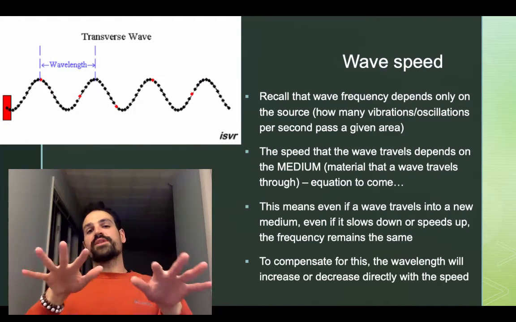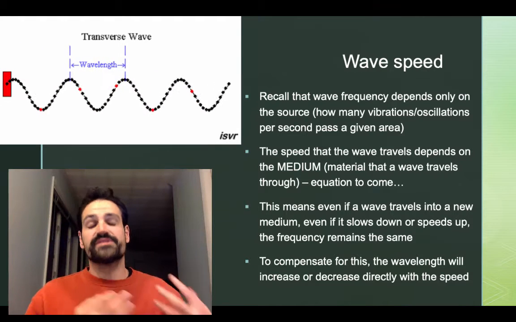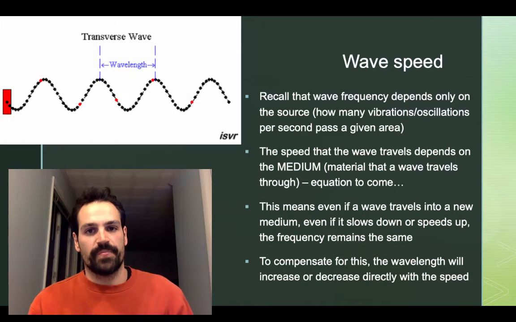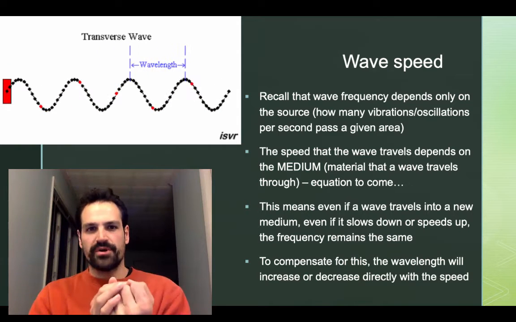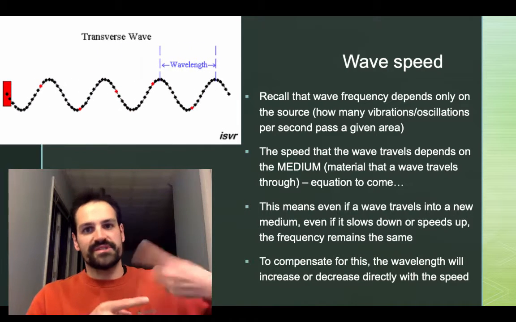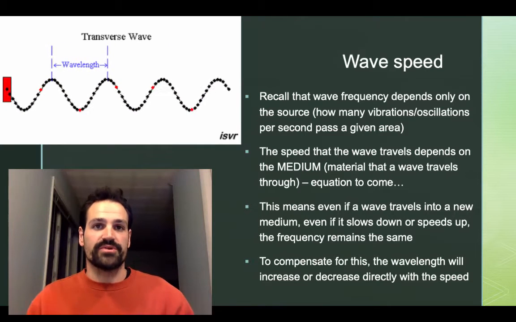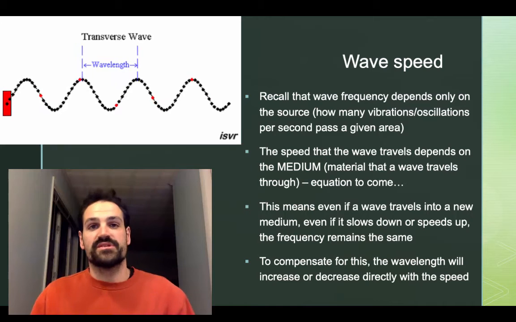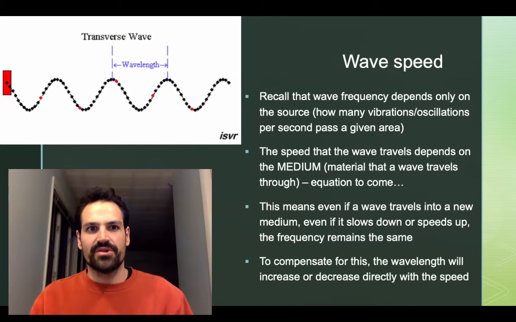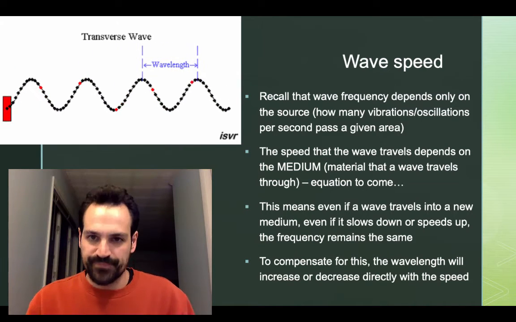So the more spread out the atoms are, the slower the wave is going to travel. So more compact particles, like a solid, will actually send sound through faster than spread out particles. Gases have a slower velocity than solids for waves traveling through them.